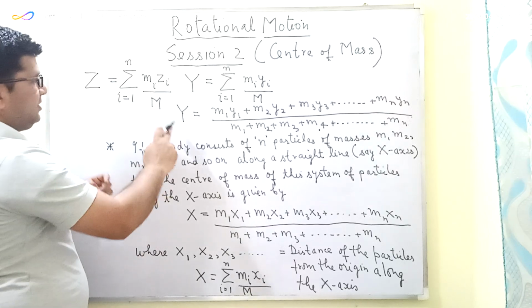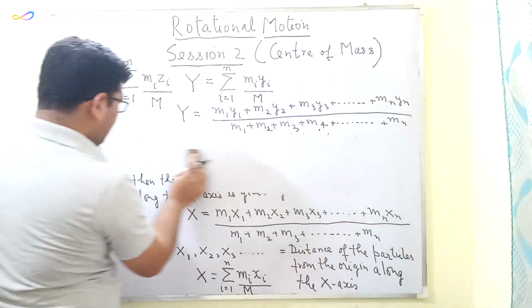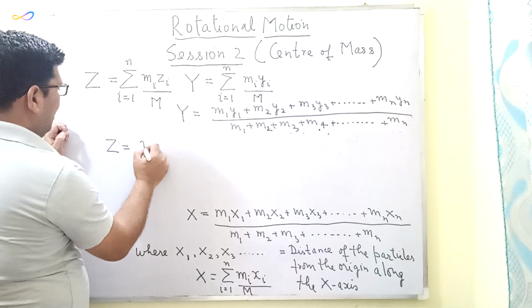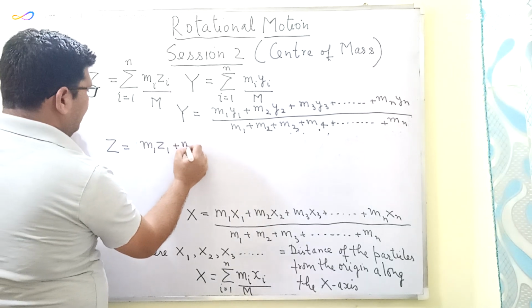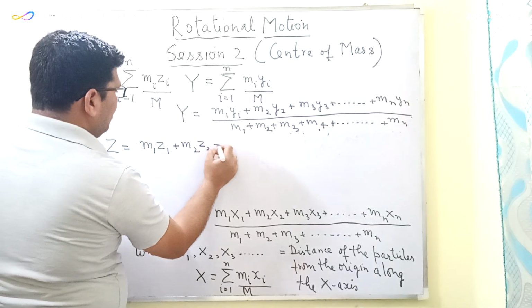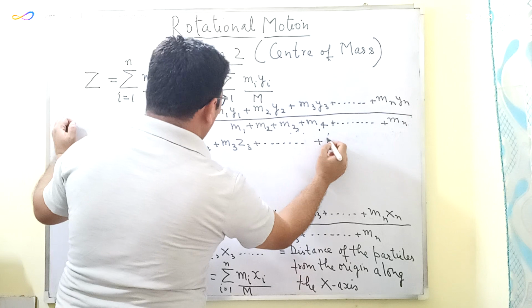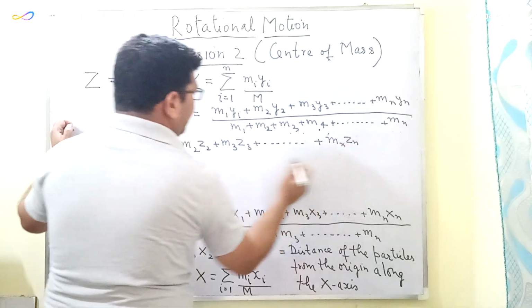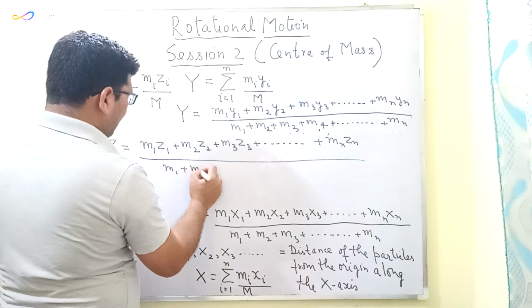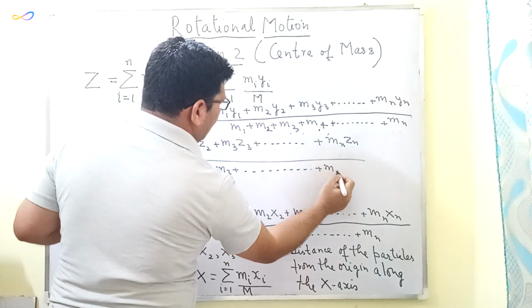Or this can also be written as z equals m1z1 plus m2z2 plus m3z3 and so on up to mnzn, divided by m1 plus m2 plus m3 plus mn.